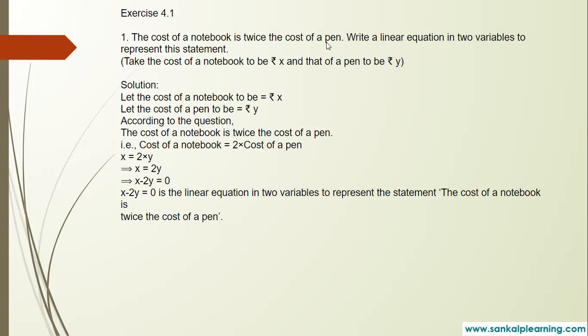So we don't know how much the pen is. So let it be y. Already they have given pen to be y. Let it be y and cost of the book to be x. And they are saying book is twice the cost of the pen. Okay, let us see how to find this.